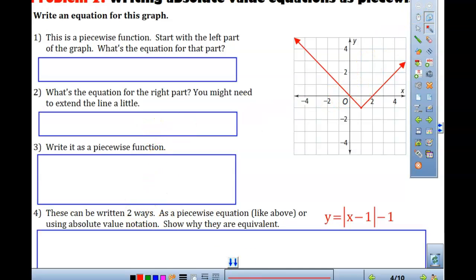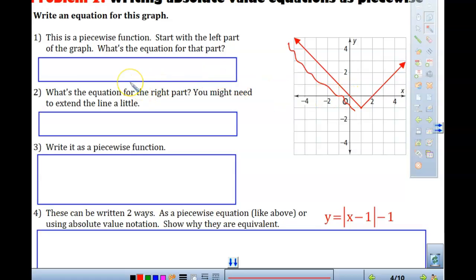I want you to take a look at this one. The first thing we want to think about is, what is our piecewise function? Starting with the left part of the graph, what would be the equation for that part? If we were just doing the left side, that means this part right in here. What's the y-intercept?